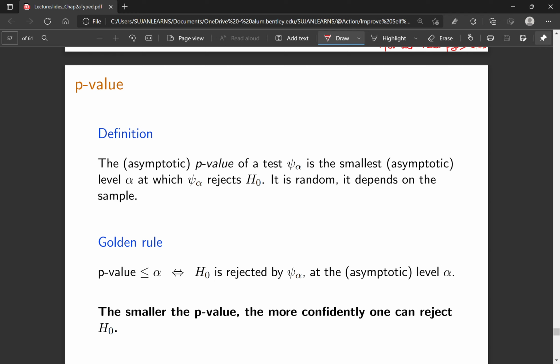So for example, as alpha increases, the more and more I reject, and as alpha decreases, the less and less I reject. And when alpha becomes 0, I stop rejecting at all.